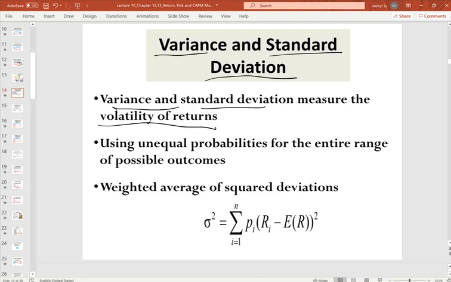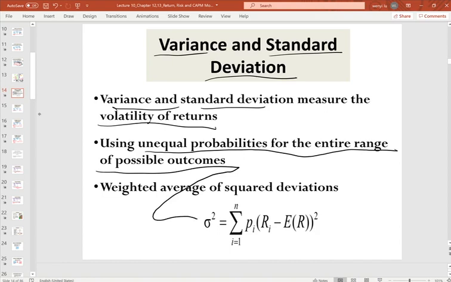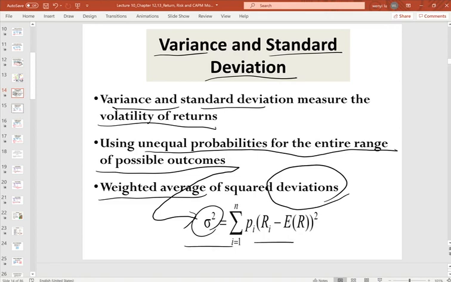We use the unequal probabilities for the entire range of possible outcomes, and we take the squared deviations, then take the weighted average, which is called the variance. Then the variance, take a square root, is the standard deviation. We will show how to use this formula to solve the standard deviation, to solve the risk of your investment.